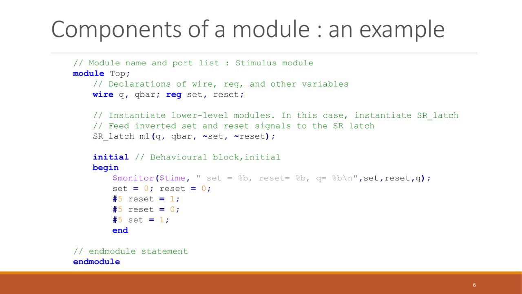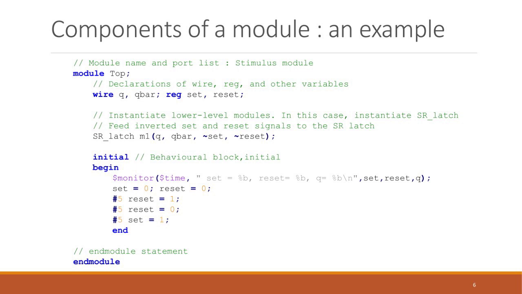Now for example, here you can see what we are trying to do with this monitor task is to print out the values of signals set, reset, and Q. Whenever any one of these three signals changes its value, the monitor command puts a new line to the command prompt containing the signal values formatted according to the formatting string given here.